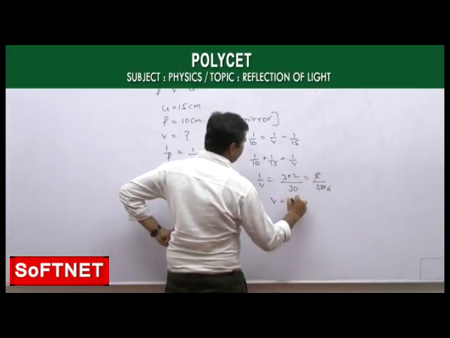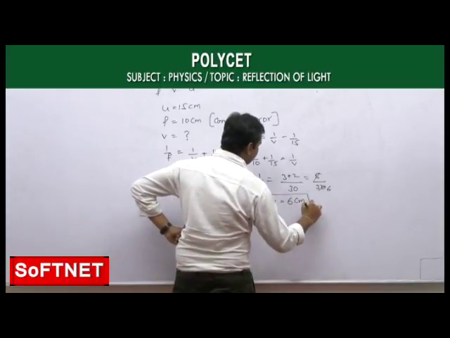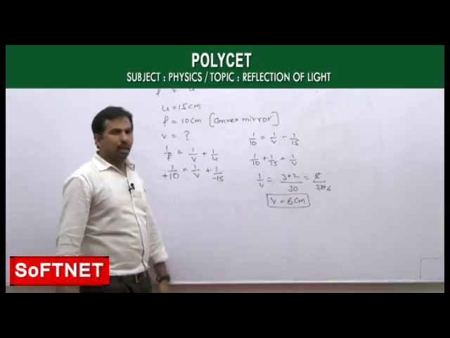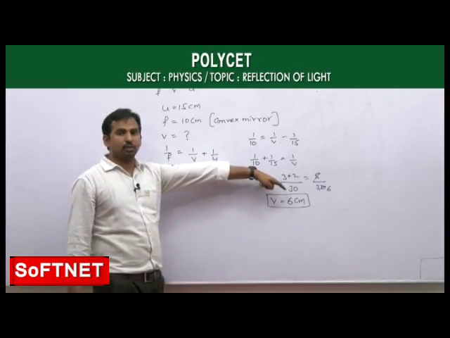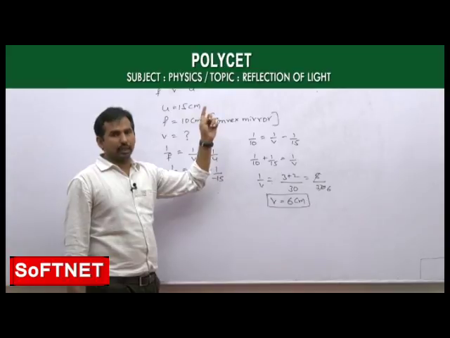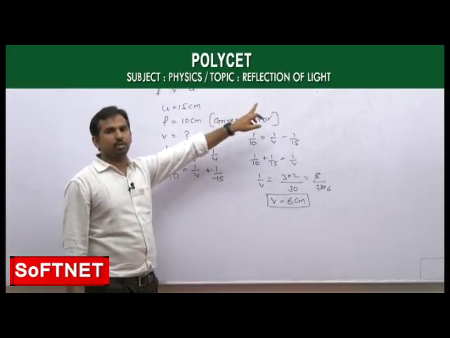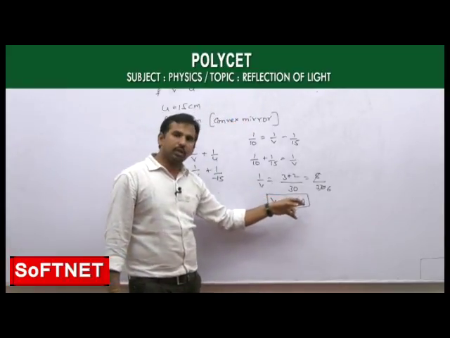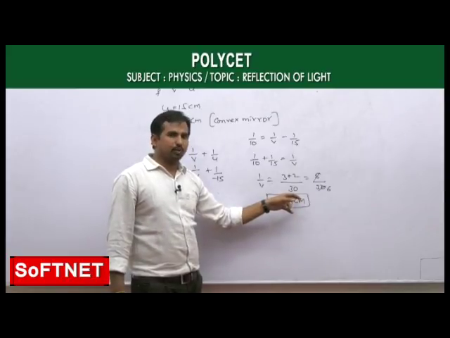Then v is equal to 6 centimeters. Here we got the image distance as positive, which matches our convex mirror sign convention, where the image distance is positive.